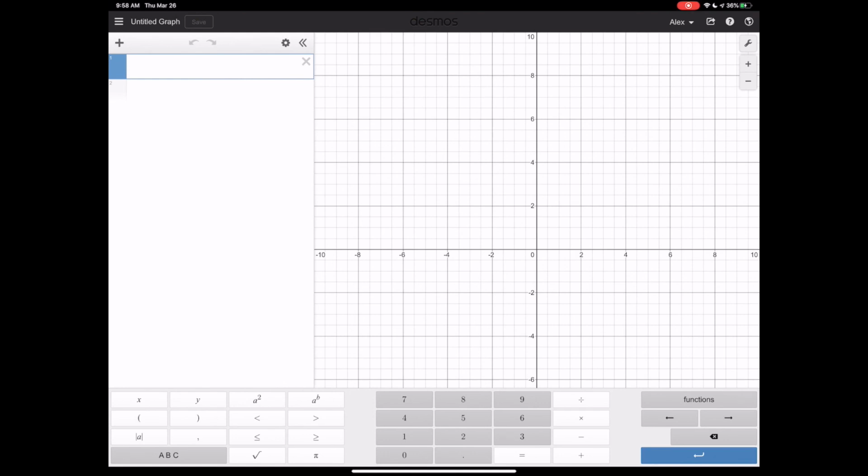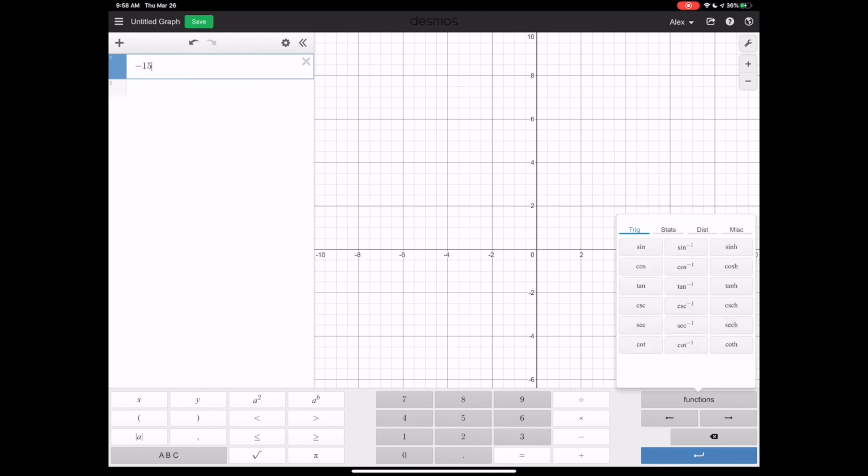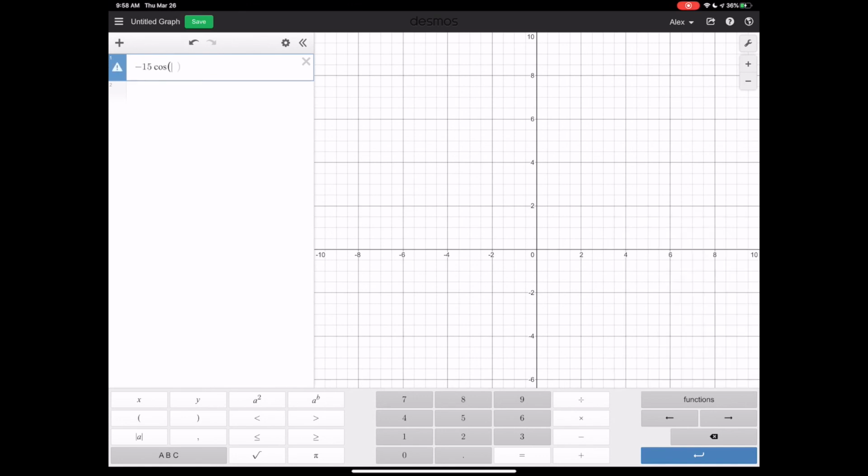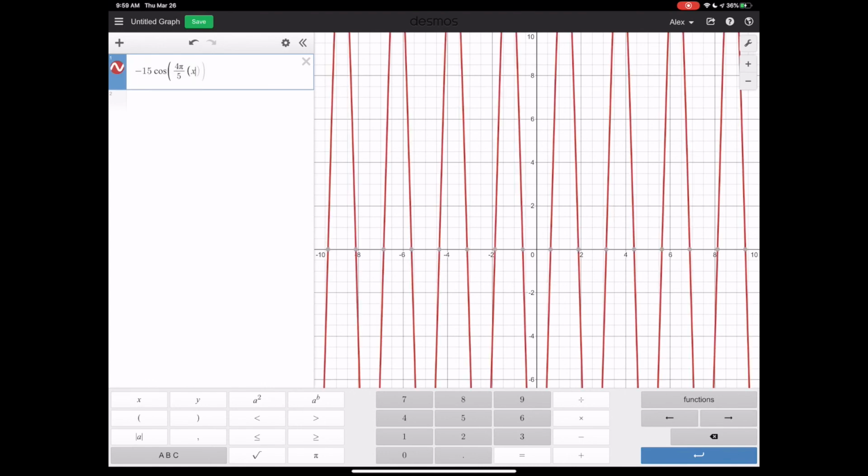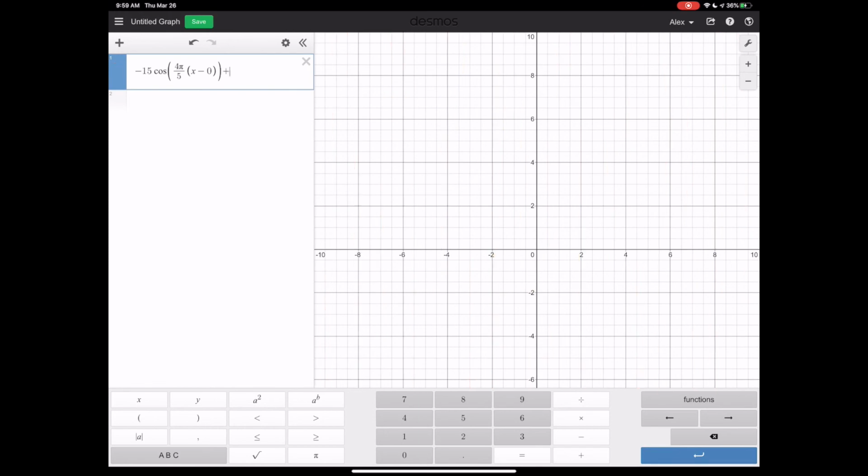So the model again was negative 15 cosine of 4 pi divided by 5, parentheses, x minus 0, close parentheses, and then this was plus 20.